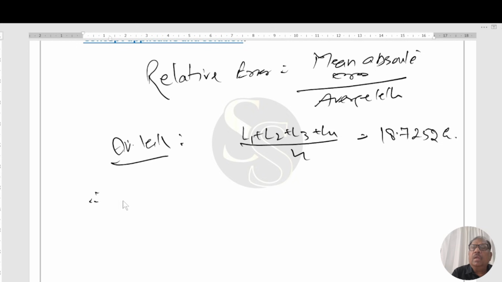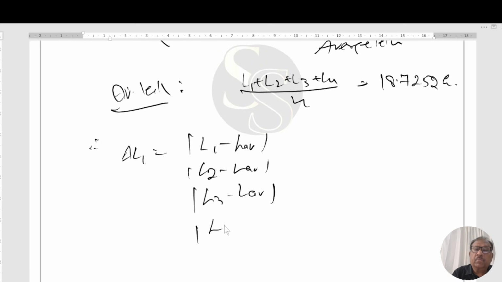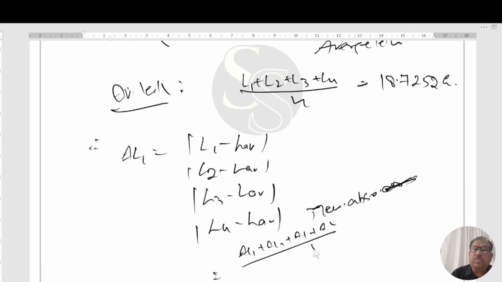Therefore, the absolute errors: delta L1 is the magnitude of L1 minus L average, and similarly for L2, L3 and L4. Sum these up. The mean absolute error is delta L1 plus delta L2 plus delta L3 plus delta L4 divided by 4.